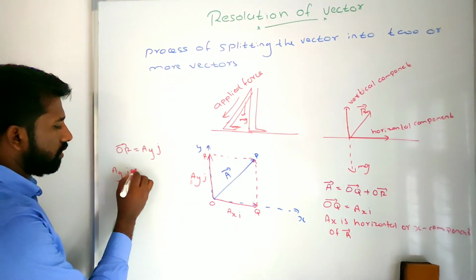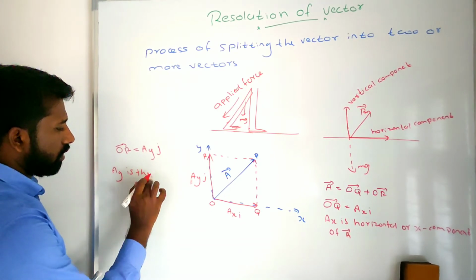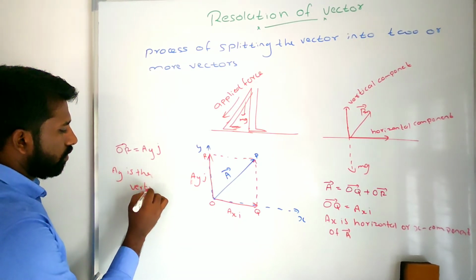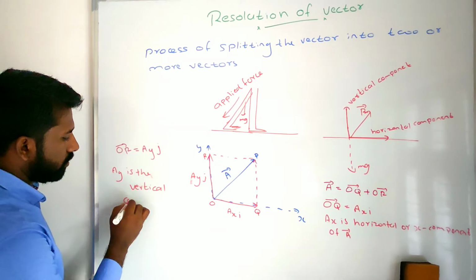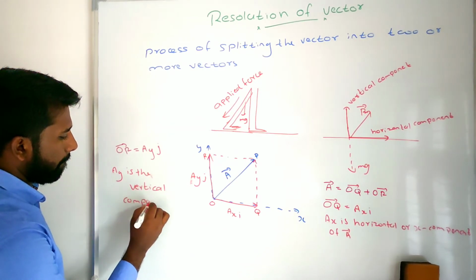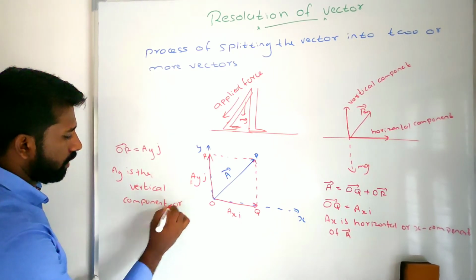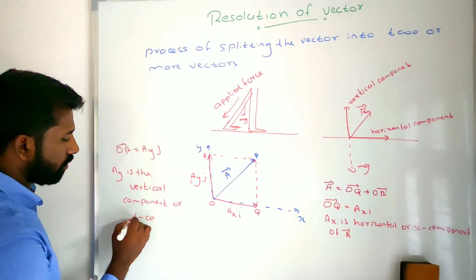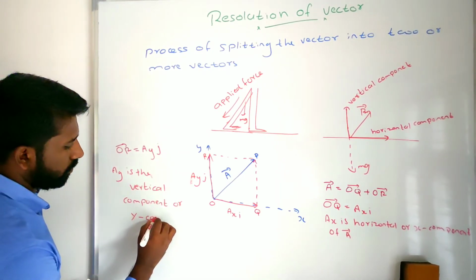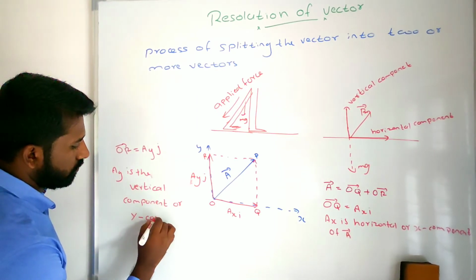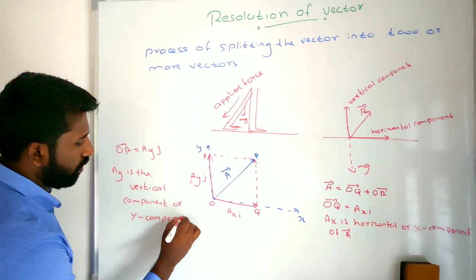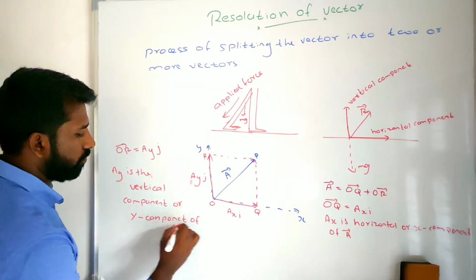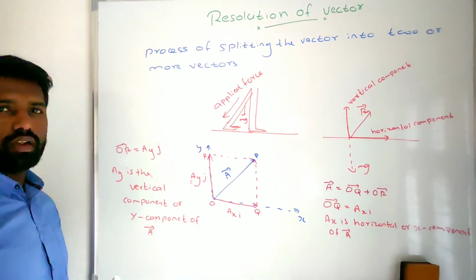AY is the vertical component, or X component. Sorry, it is acting along the y axis, so it is the y component of vector A. Clear?